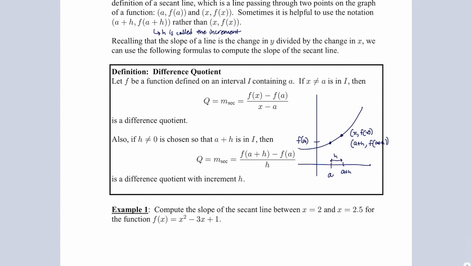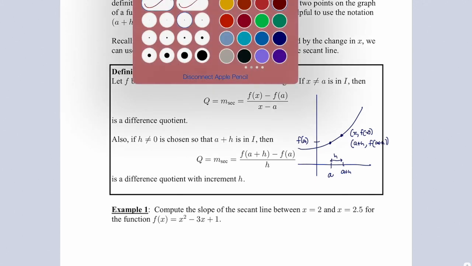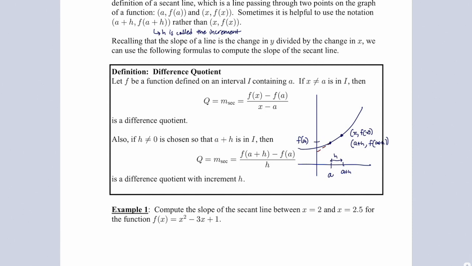So the change in y is always going to be a change in function values, and the change in x will not involve the function values. And you recall that a change in y over a change in x is the slope. So what we're calculating here is the slope of the line that connects those 2 points, a, f of a and x, f of x, or a, f of a and a plus h, f of a plus h.